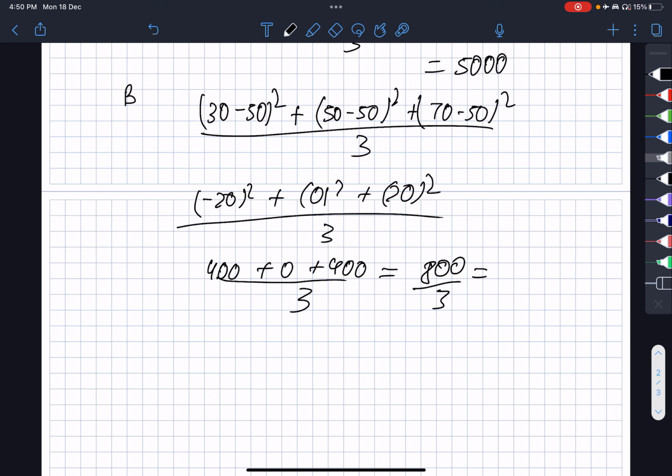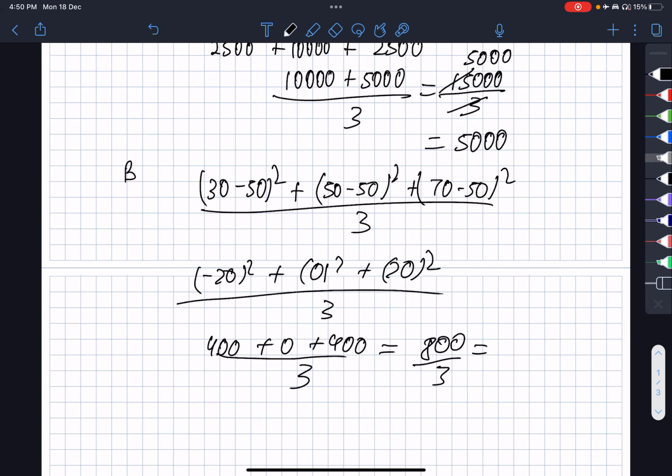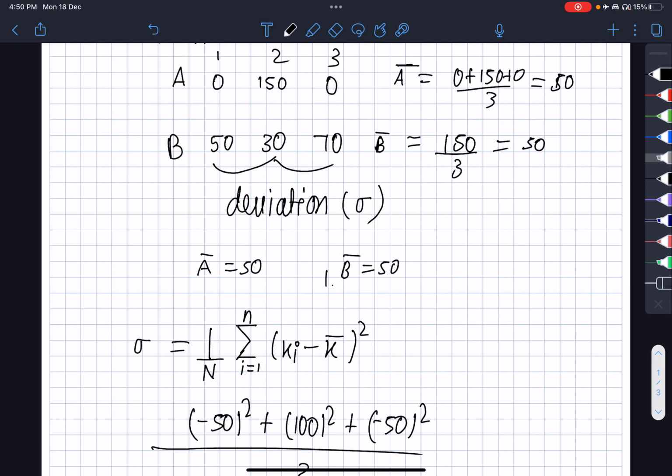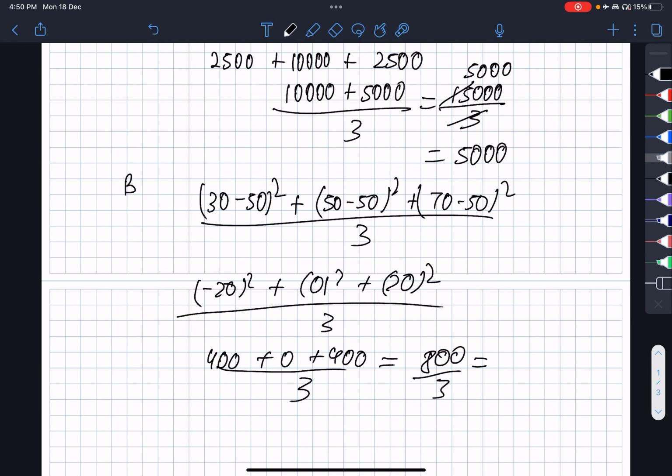So we can say that the standard deviation of player B is better, the deviation of each sample is better. The mean is less far from each observation of player B. But in the case of A, we are seeing it is 5,000, which is quite high.